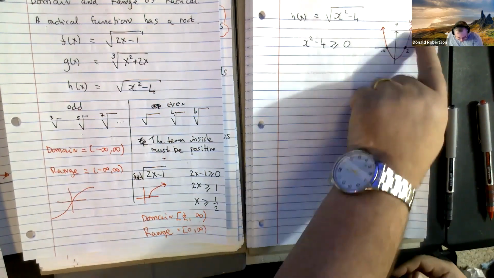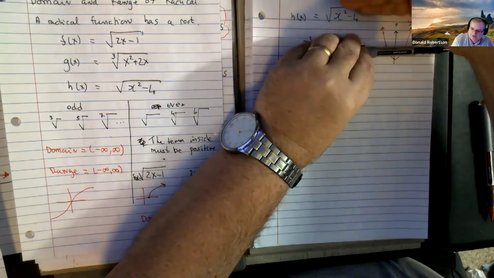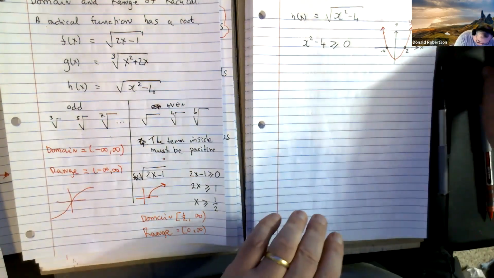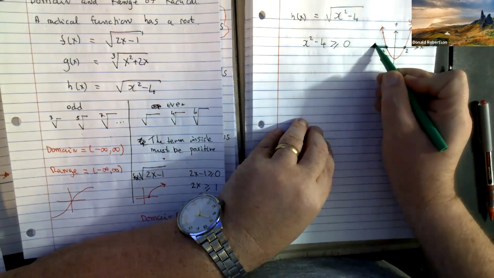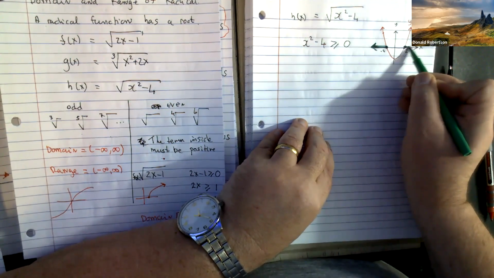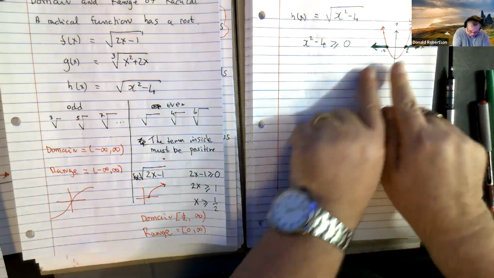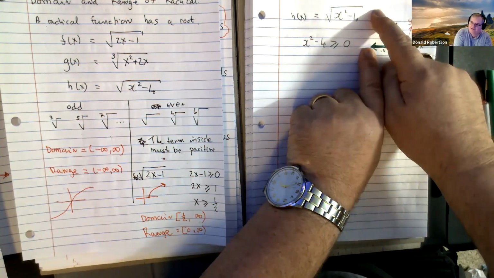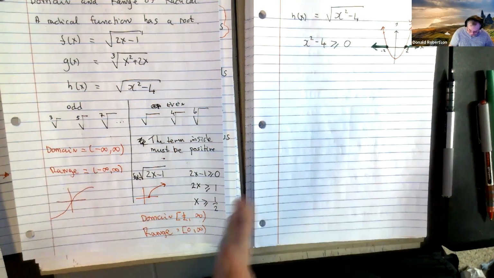Would you agree that this is only positive, meaning its y values are positive, when it's above the x-axis? Which means, aren't we talking about values of x this side and values of x going that way? So any value of x like -3 or -4 is going to give you a big positive answer. Any values 3 or 4 is going to give you a big, meaning positive, answer.